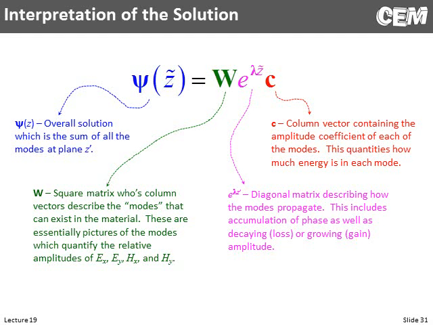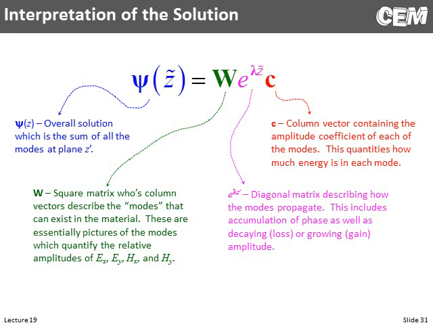So here's a breakdown of what I just said in words. The psi is the overall solution. These are the things we can look at and see our fields. The W is our eigenvector matrix, and these describe what the modes look like. These are the relative amplitudes of all of the different field components. This exponential becomes a diagonal matrix, which really describes how the eigenmodes propagate, how they accumulate phase.